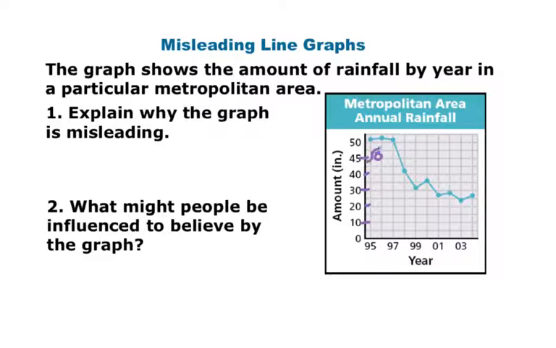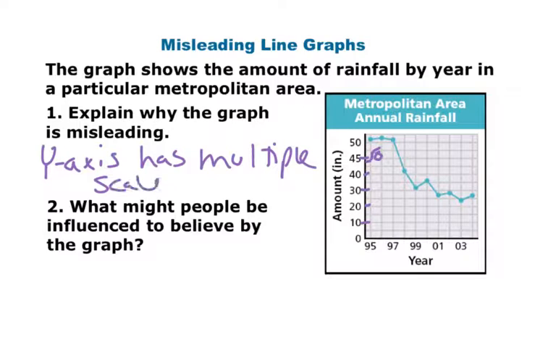And so what happens is because we change the scale, the y-axis has multiple scales, and it makes the higher amount look a lot higher than it actually is. So 50 looks very high in comparison.